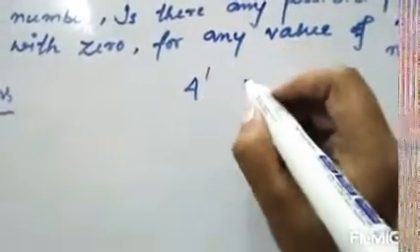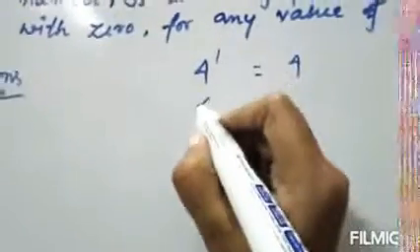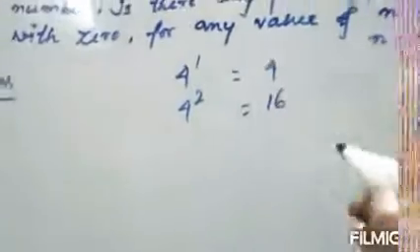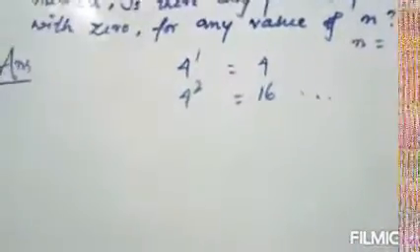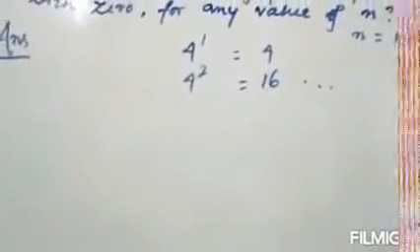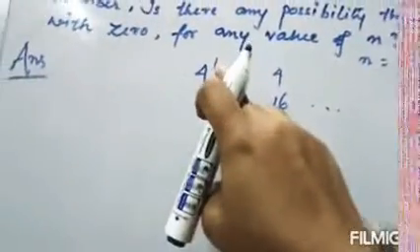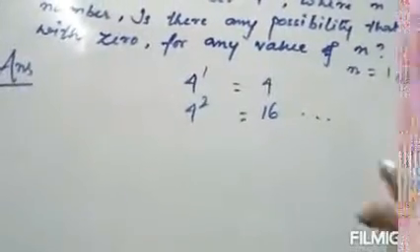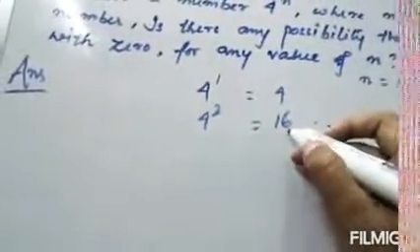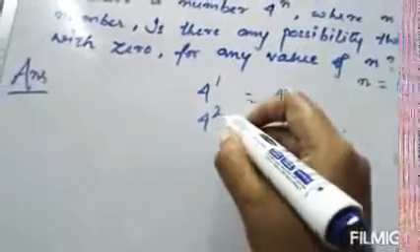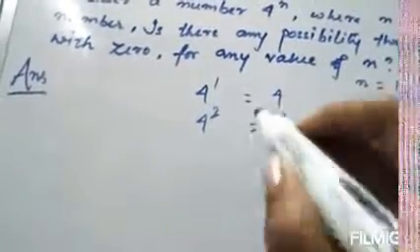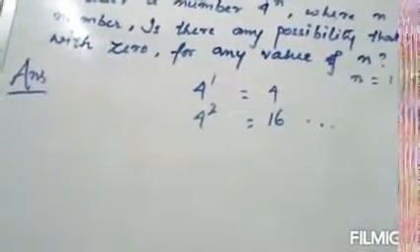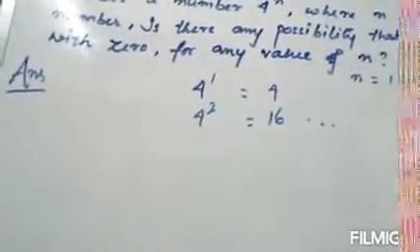If n is 1, it will be 4. If n is 2, it will be 4 4s are 16. Like that for any powers, 1, 2, any number. Is it possible that it will have a 0 at the last, where 4 to the power 2 has 6 at the last? For any value of n, is it possible for 4 to the power n to have a 0 at the last?